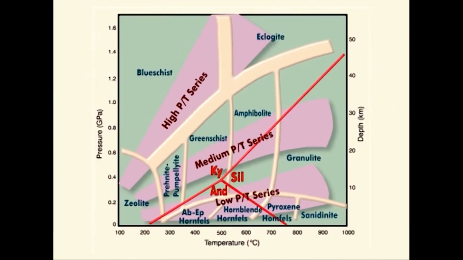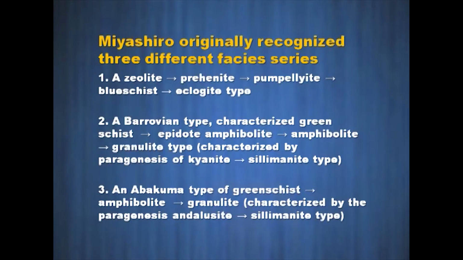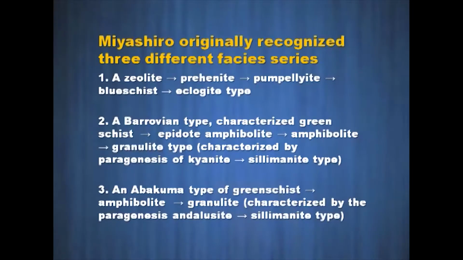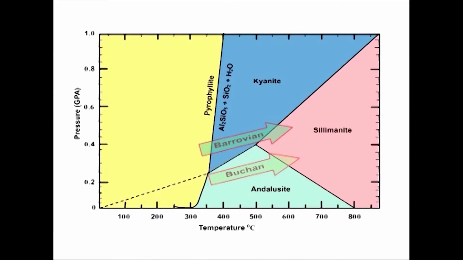Second, a typical Barrovian type characterized by greenschist, epidote-amphibolite, granulite, with paragenesis of kyanite-sillimanite type. And third, an Abukuma type of greenschist, amphibolite, granulite characterized by paragenesis of andalusite-sillimanite type.